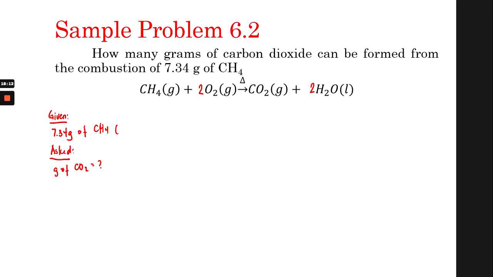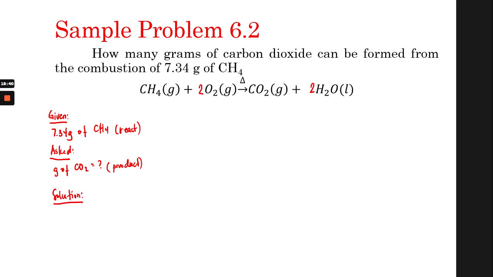So meaning our methane is our reactant and our carbon dioxide is our product. So we are looking how much product can be made, or more specifically, how much carbon dioxide can be made from combusting 7.34 grams of methane. So let's head on to the solution.